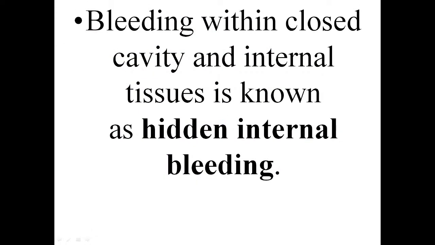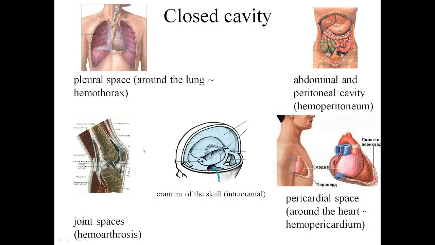Bleeding within an enclosed cavity and internal tissue is known as hidden internal bleeding. Now I will show you what a closed cavity is. As I explained at first, a closed cavity is not connected with the environment, and we have several such spaces.